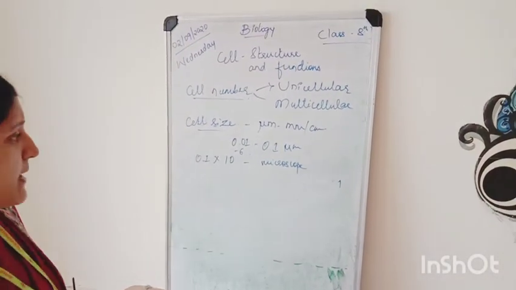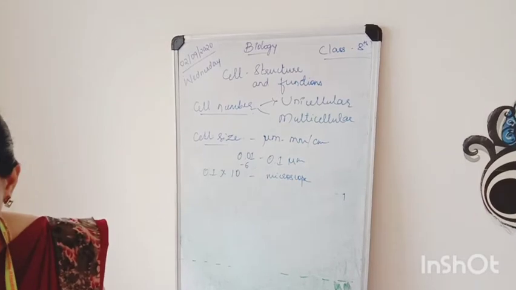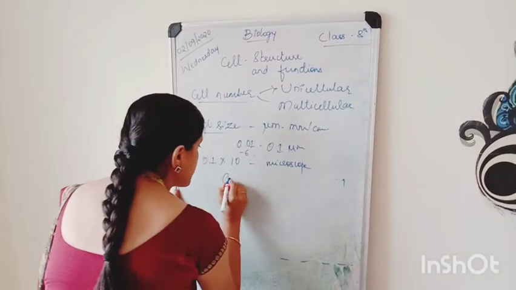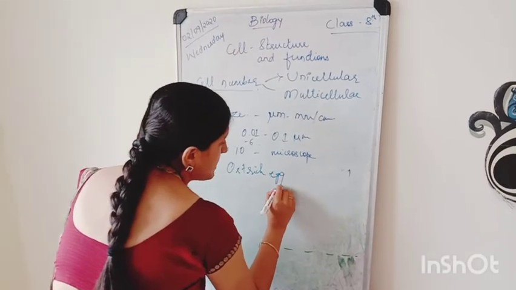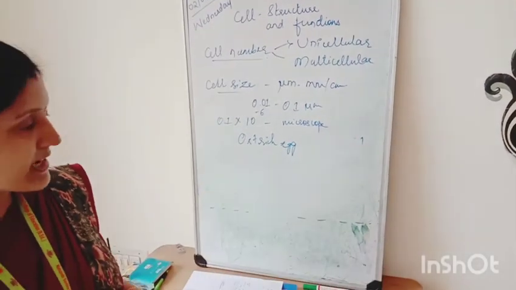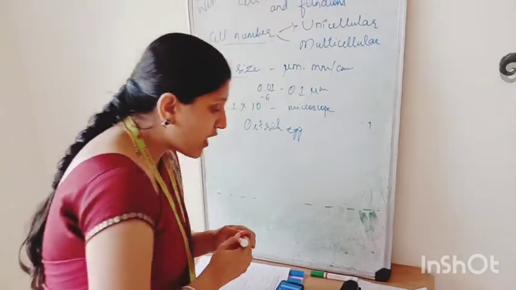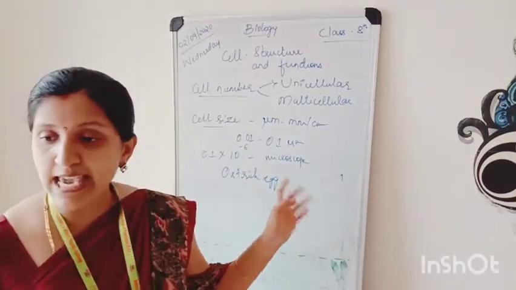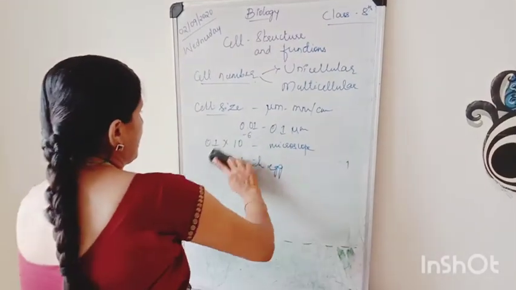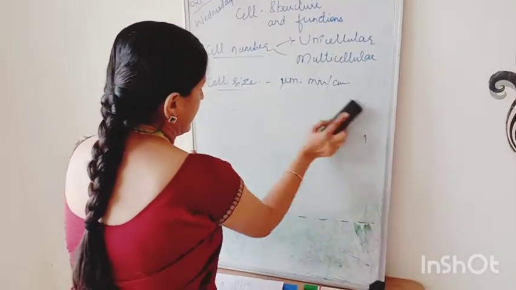Then there are larger cells also, like the egg of an ostrich. The ostrich egg is bigger, so it can be seen with the naked eye. It is one single cell. Some cells cannot be seen with the naked eye, and some can.